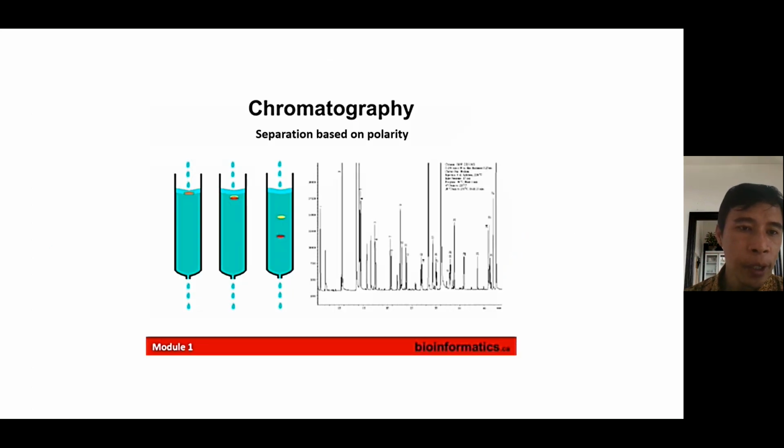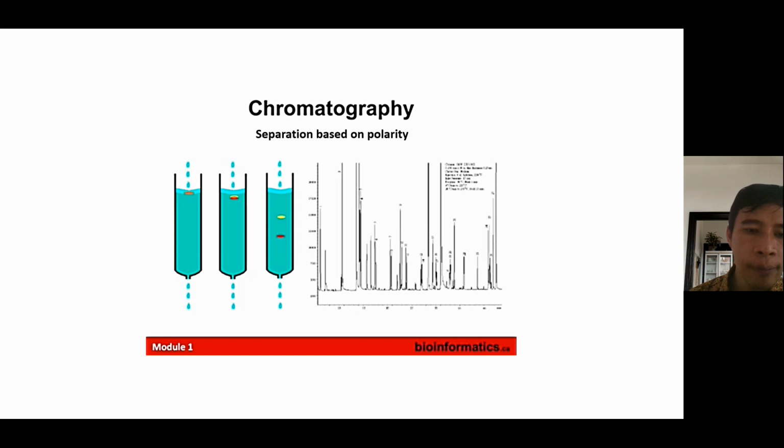This is the concept of chromatography. I bet that you also did it in your laboratory activity. For example, you separate the photosynthetic pigments from the leaves, and you use paper chromatography. That's a very basic way, but it has similar concepts and principles in analyzing your sample using chromatography.